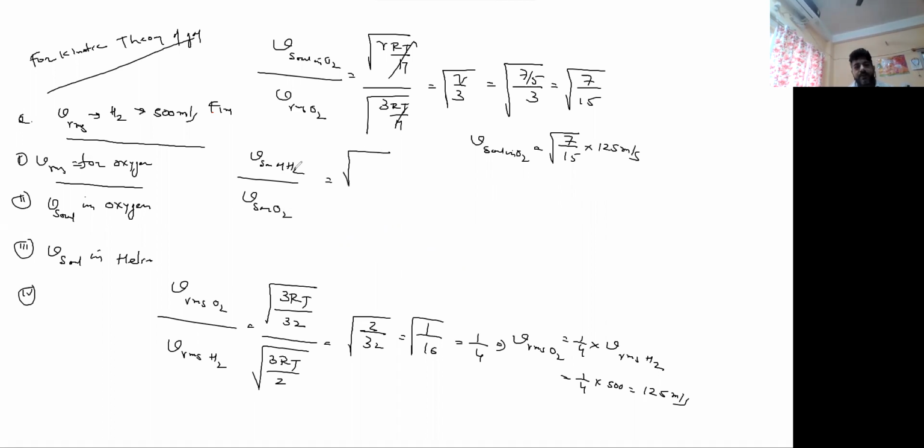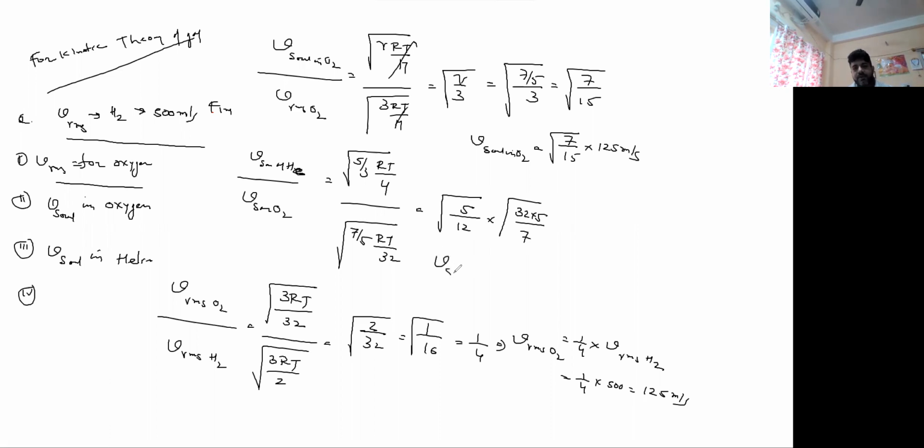So helium is monoatomic, so 5 by 3 RT by molecular weight. Helium's molecular weight is 4, and oxygen is diatomic, 7 by 5 RT by 32. So how do you arrange it? 5 by 12 into, this will be inverted, 32 into 5 by 7.